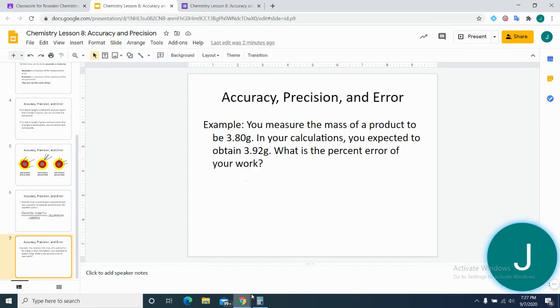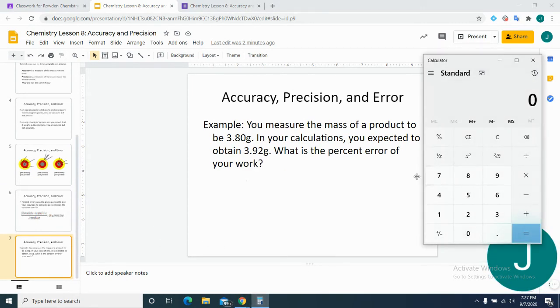So the observed was 3.8 minus the accepted, which was 3.92. Oops, I'm sorry, I'm messing this up. I got my keys all messed up on this. Okay, let's try this again.